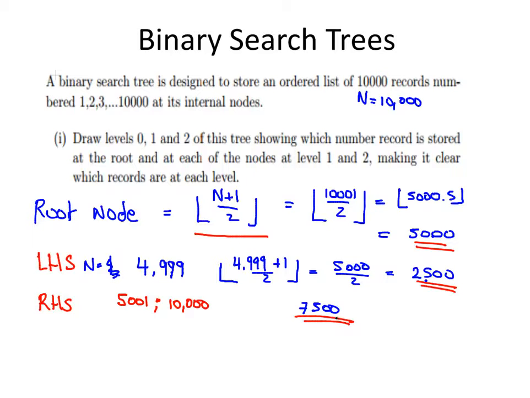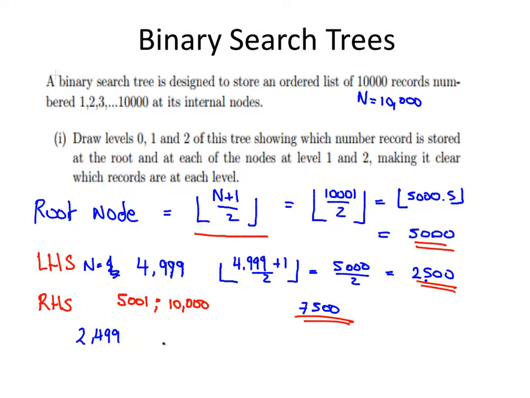That's level 1. Now we have to go down to level 2. Essentially we find the nodes of the subtree on the left hand side, and then we add 2,500 to each of the values to find all 4 of the nodes. On the left hand side subtree, there are going to be 2,499 nodes.